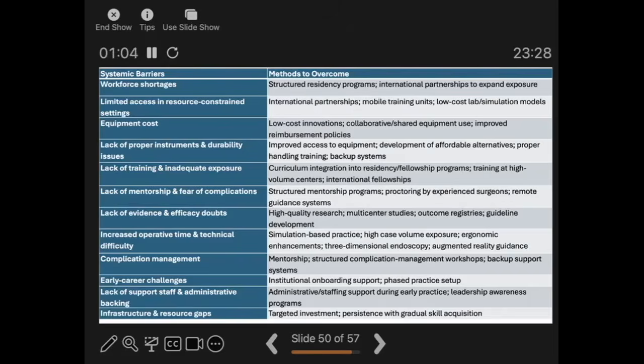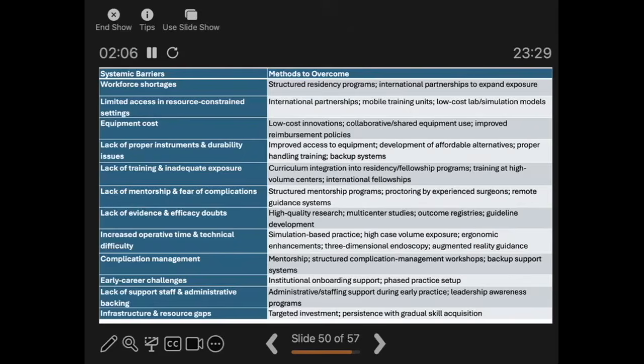Equipment cost is also a limitation. Low-cost innovations, collaborative and shared equipment use, and improved reimbursement policies are needed. For lack of proper instruments and durability issues, improved access to the equipment, development of affordable alternatives, proper handling training to avoid premature failure, reimbursement and a long-term comprehensive maintenance and backup system is needed.